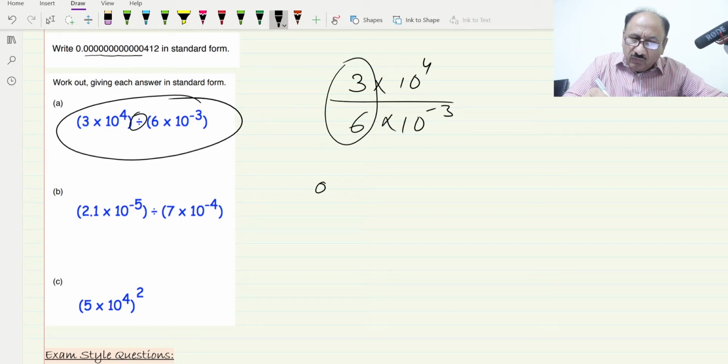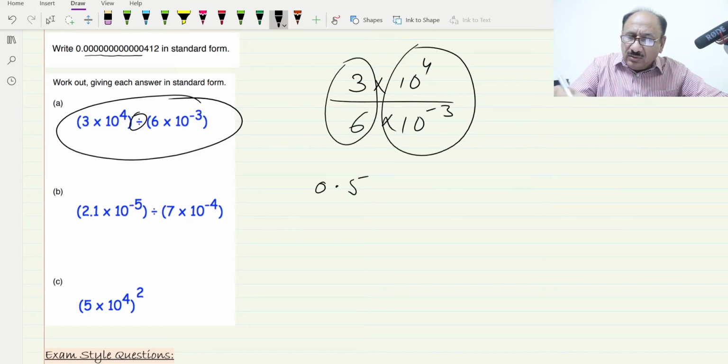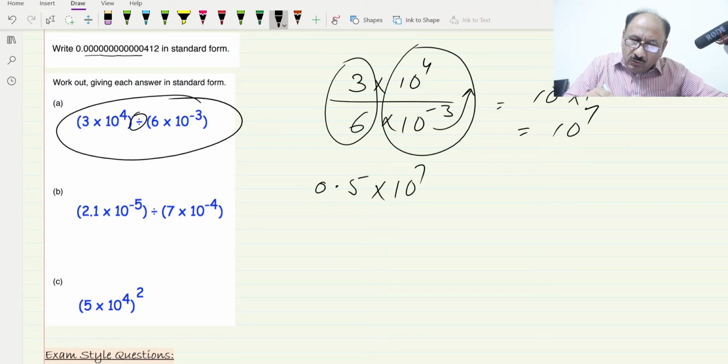This results in 1 by 2, or we can write 0.5, and this one we can write as 10 raised to 4, and when we shift this to the numerator, it will be 10 raised to 3, which gives 10 raised to 7. So we write here 10 raised to 7. Now 0.5 is not in standard form, so we have to shift the decimal to after 5.